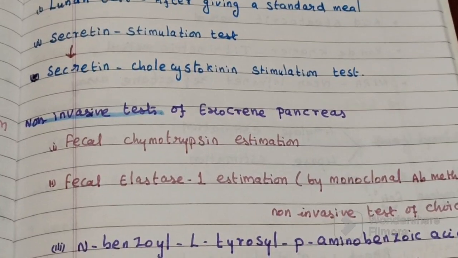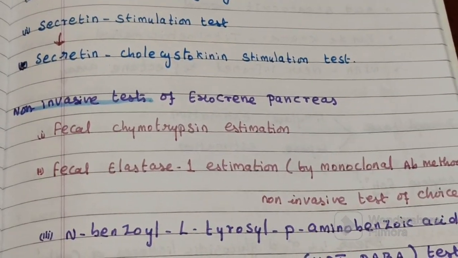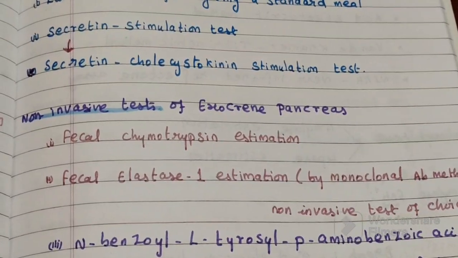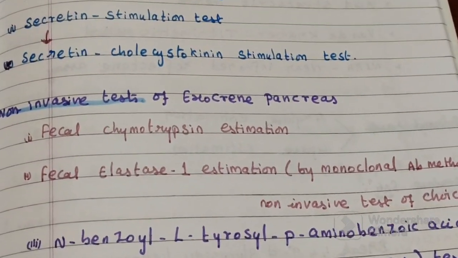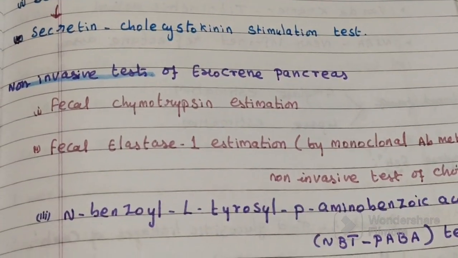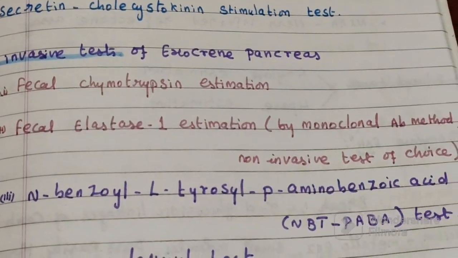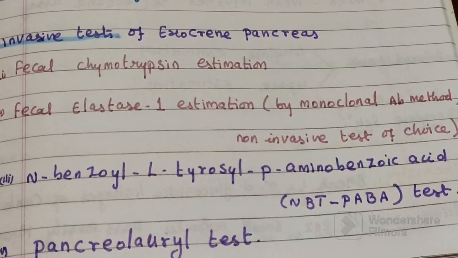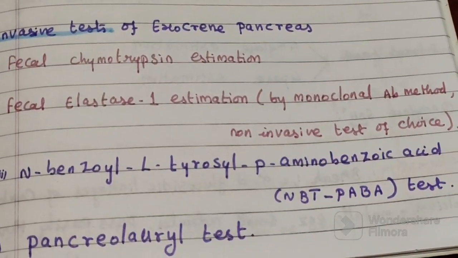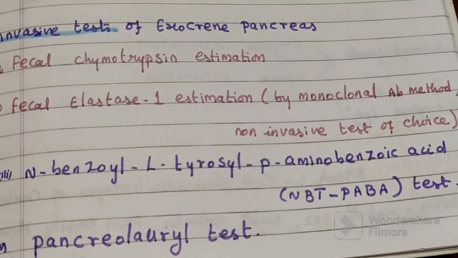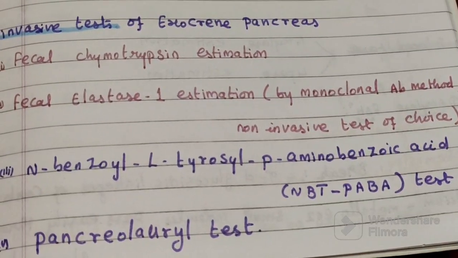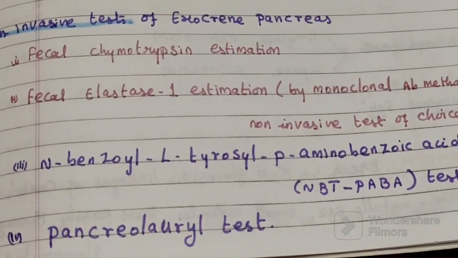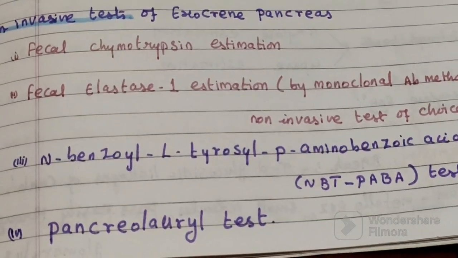We can estimate, first one, fecal chymotrypsin level. Second one is fecal elastase 1 estimation. This is done by monoclonal antibody method, and it is the non-invasive test of choice, that is the fecal elastase 1 estimation.